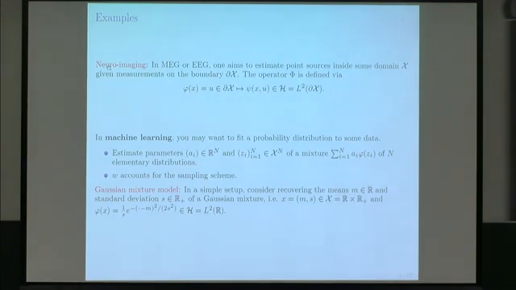In machine learning, you may want to fit a probability distribution to your given data. So in this case, you want to recover parameters a_i and z_i, and what you observe is then a mixture of elementary probability distributions. And then w now accounts for your sampling scheme, so how you sample your data. In a simple setting, in one dimension, you may consider the case where you have a Gaussian mixture model.